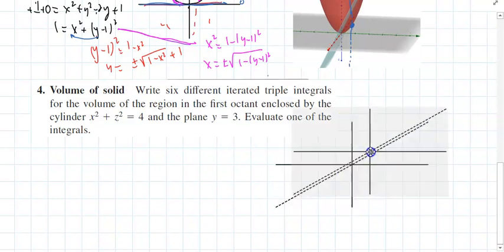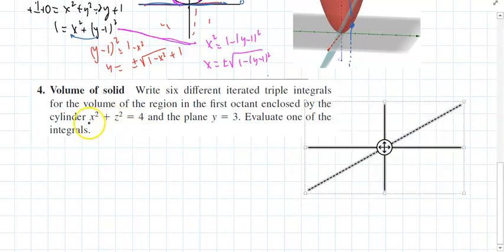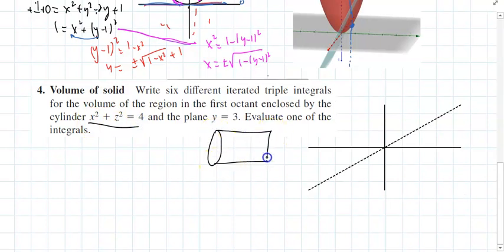And if I would go ahead and talk about what this is, it's a cylinder. It runs infinite because there's no y, right? And it's cut off by x equal 3, the x-axis and the y-axis.